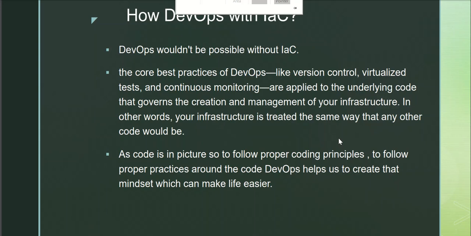It is a methodology which has come into picture now. Remember these words. It is not a tool or a software. It is a mindset, the mindset where you think about automation. So DevOps thrives on automation.